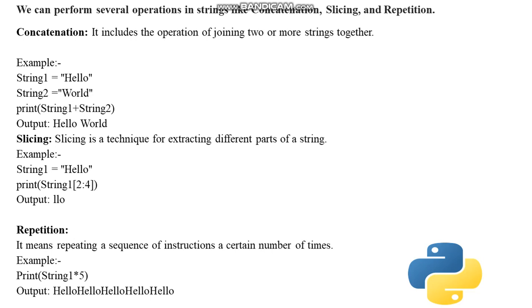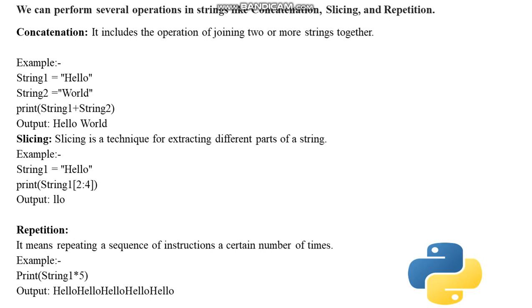Next operation is slicing. Slicing means taking a piece of characters from a string. It gives me extraction of part of the string. Example, string1 equals hello. I'm printing string1[2:4].